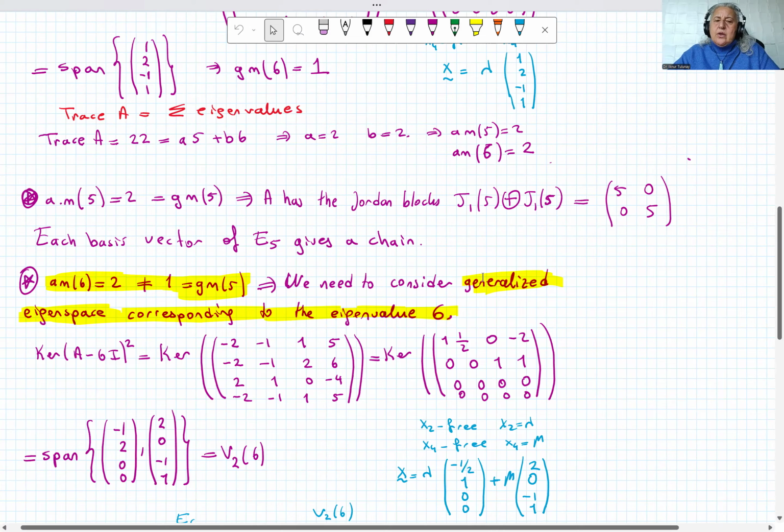Then I need to calculate the generalized eigenspace for the eigenvalue lambda equal to 6. I need to calculate (A minus 6I) squared and calculate the kernel of that space.